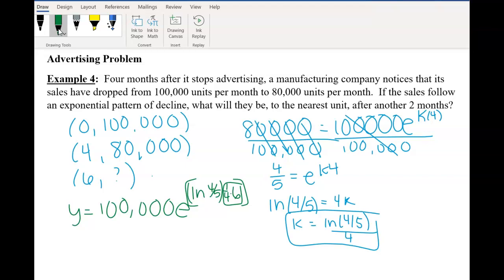We're just going to type that in on the calculator. So it'd be like 100,000 e, and then I would probably put my 6/4 times ln of 4/5. Hopefully we're going to pause for today.